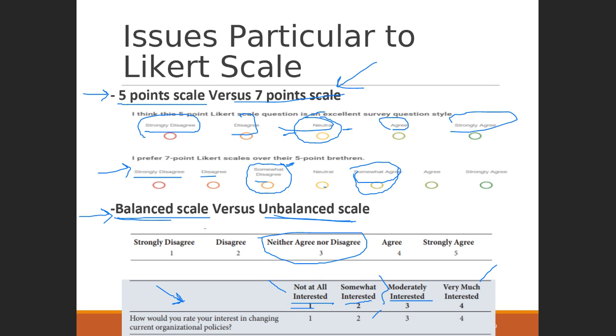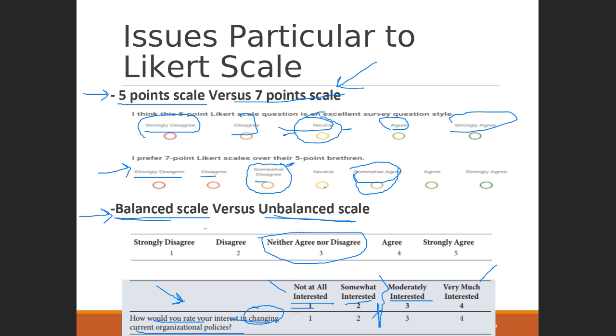For instance, in this particular question, how would you rate your interest in changing current organizational policies? Now, this is a critical question, because this is about change, and many respondents would be willing to stay neutral here. So they want a categorical response, and they are forcing respondents to choose a side.